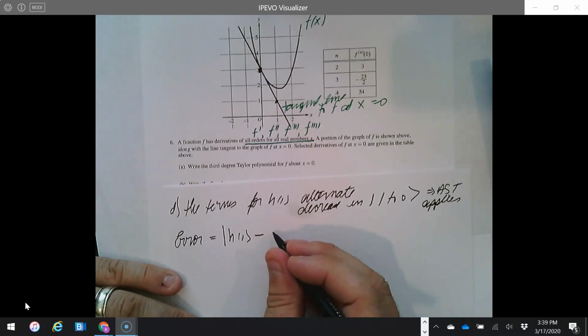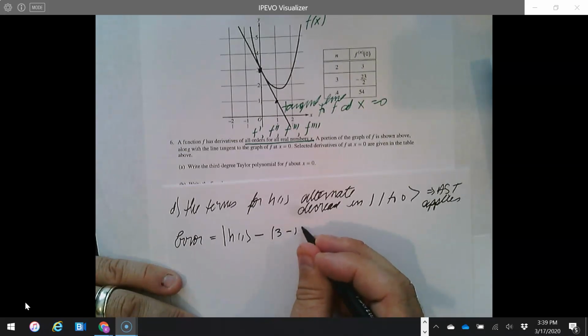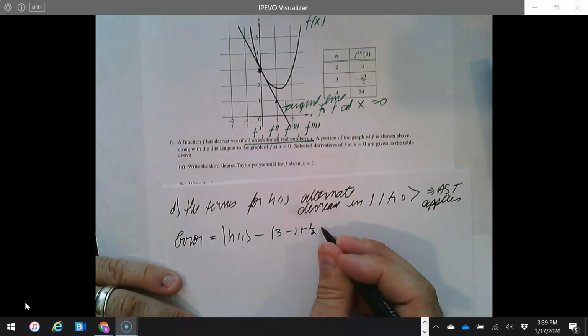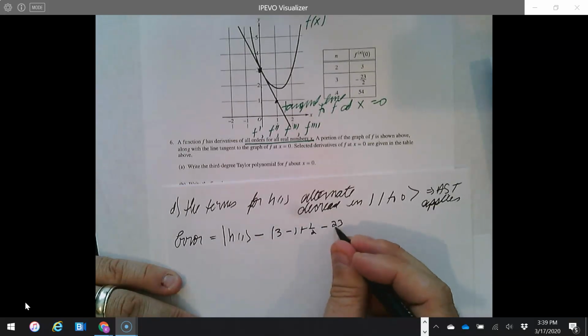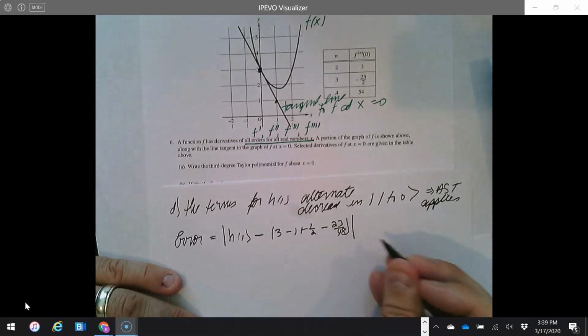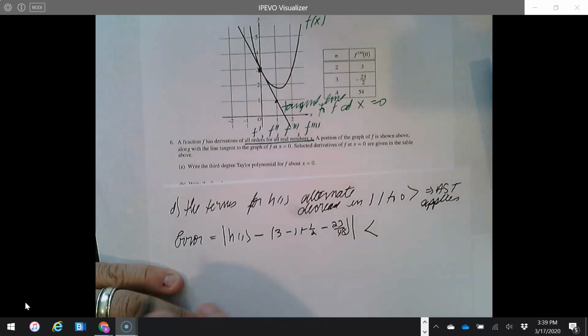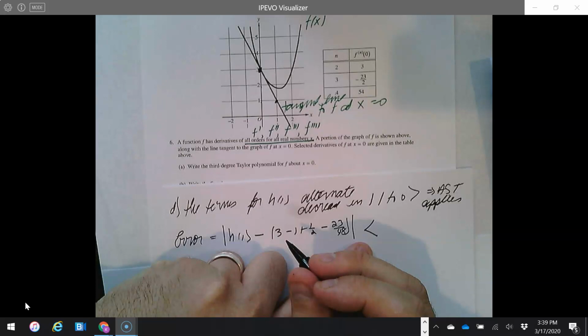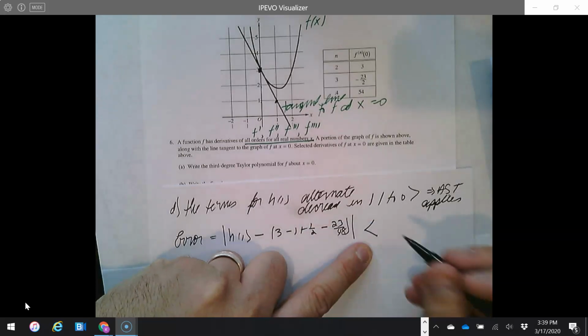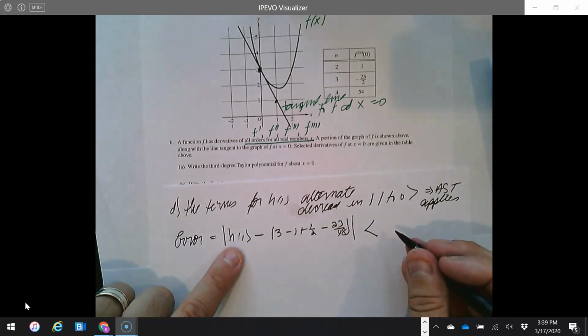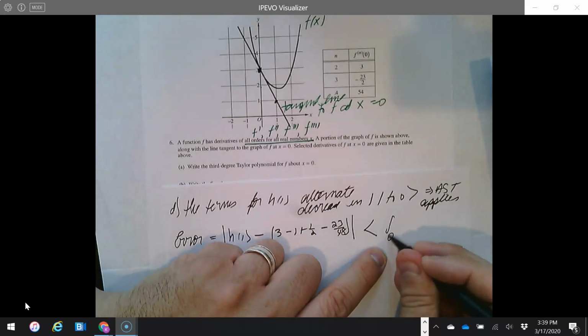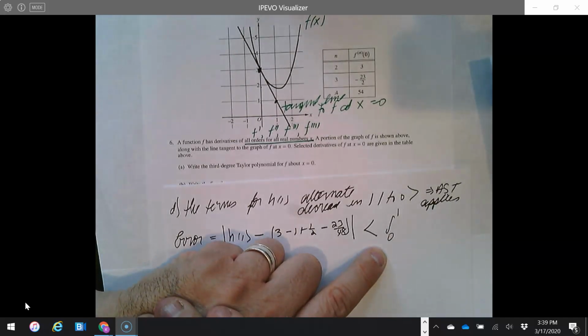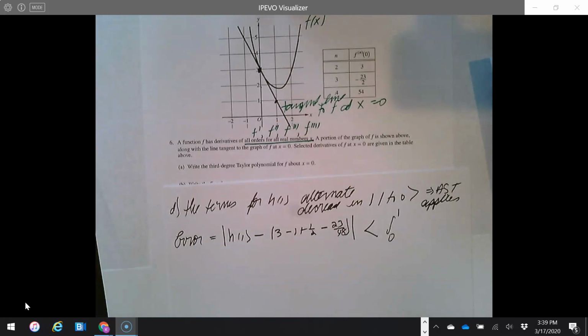Our approximation had this form: 3 minus 1 plus 1/2 minus 23 over 48. And the first term that I didn't include in my approximation for h of 1 was the integral from 0 to 1. Well, think about what happened.